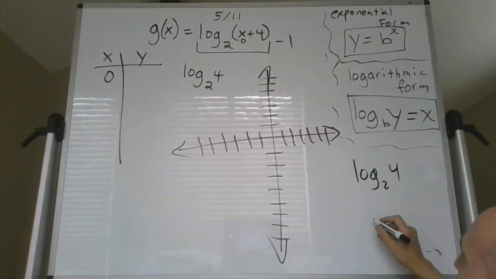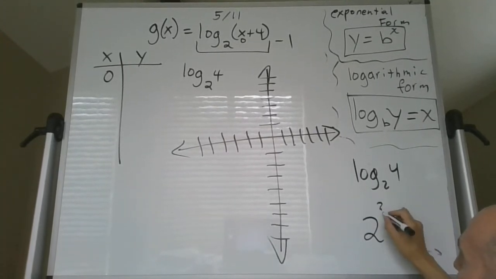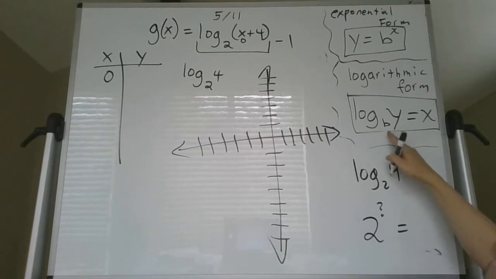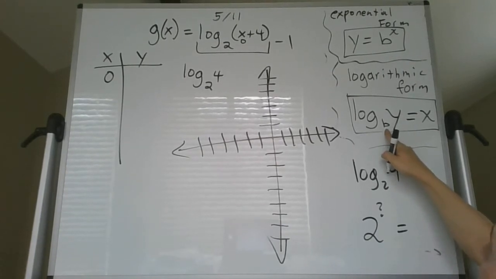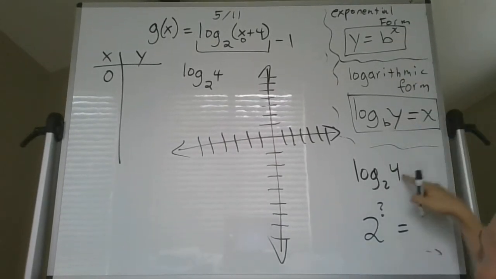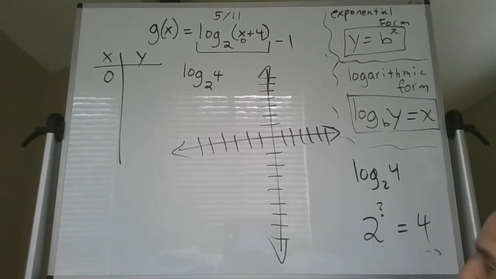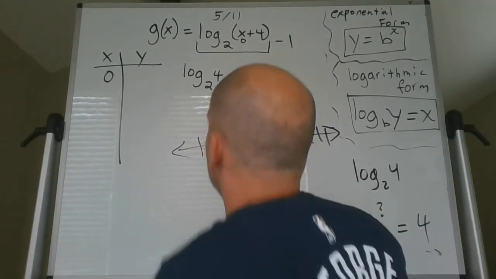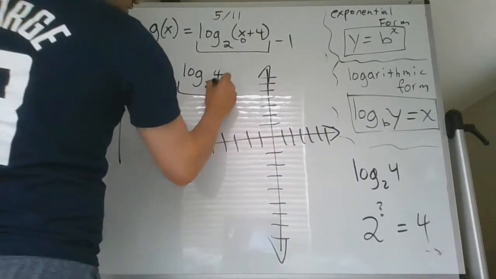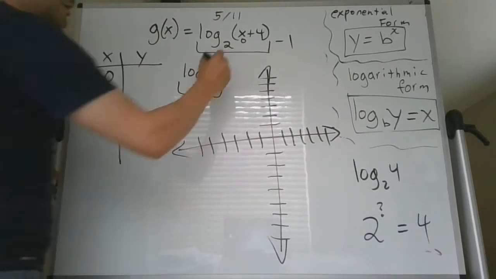If I convert that to exponential, that means 2 to the power of what is equal to 4? I'm asking you, what do you think? Clearly 2 to the power of 2. This entire thing is just 2.